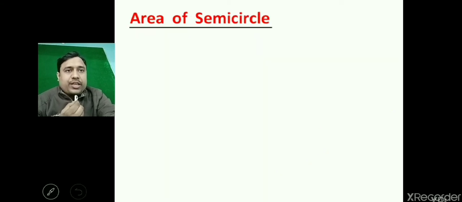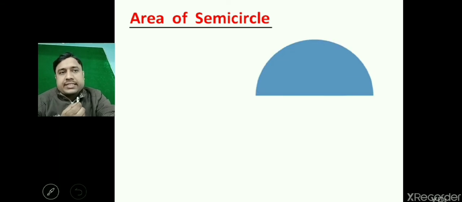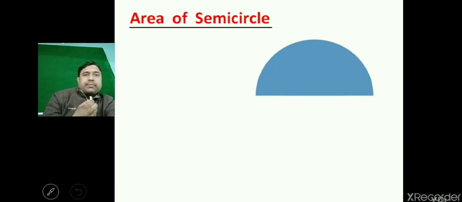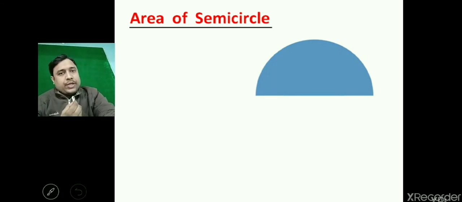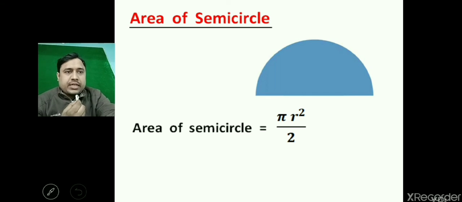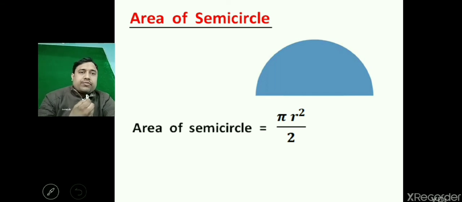Now the next topic is the area of a semicircle. A semicircle is half of the circle. A whole circle, when bisected by the diameter, is divided into 2 parts and both are semicircles.